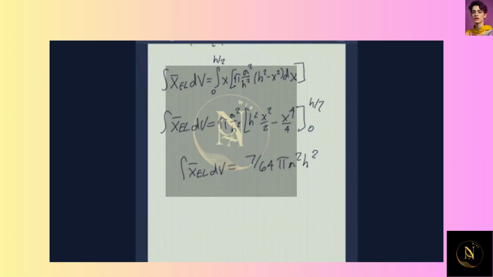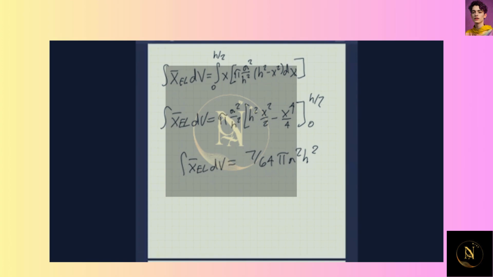We get the right side of this equation is equal to 7 over 64 pi a squared h squared.